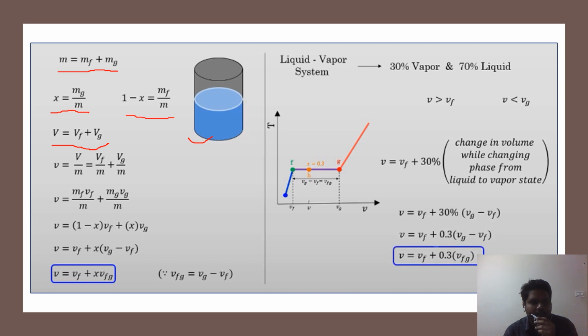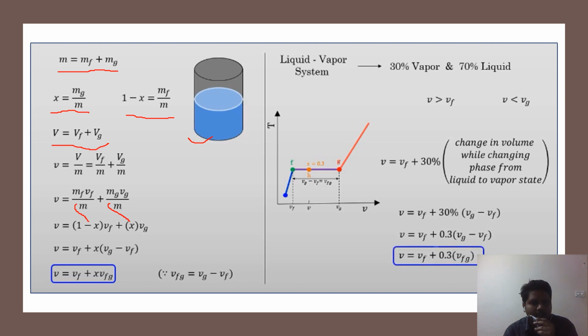Then specific volume equals volume of fluid divided by mass plus volume of gas divided by mass. This can be written as v equals mf vf divided by m plus mg vg divided by m. Here we know that mf by m equals 1 minus x and mg by m equals x. So if we substitute those, v equals 1 minus x into vf plus x into vg, where 1 minus x is mf by m and x is mg by m.